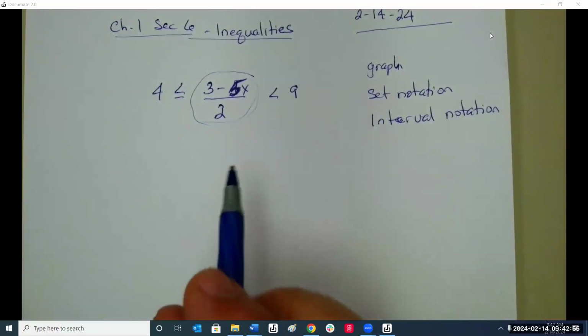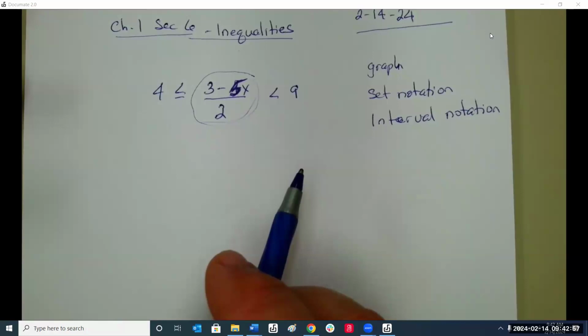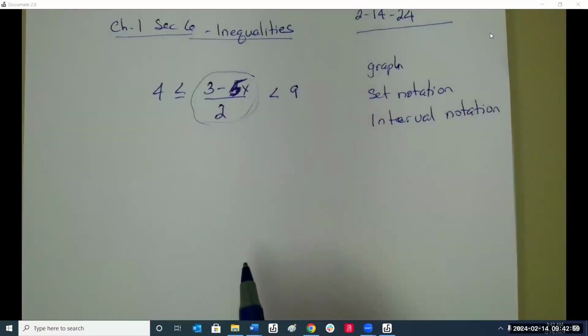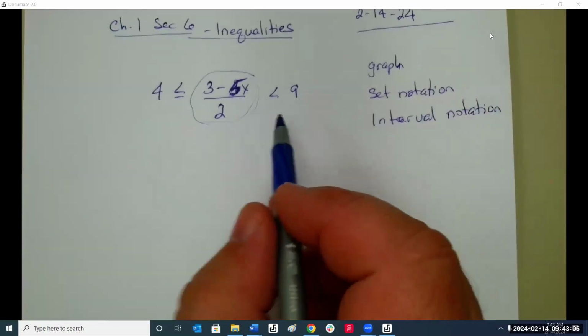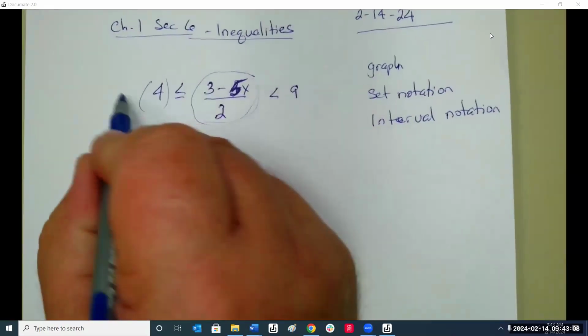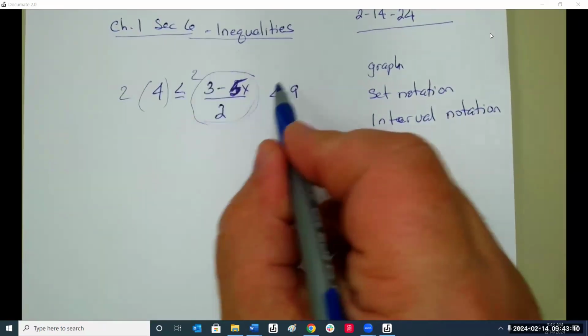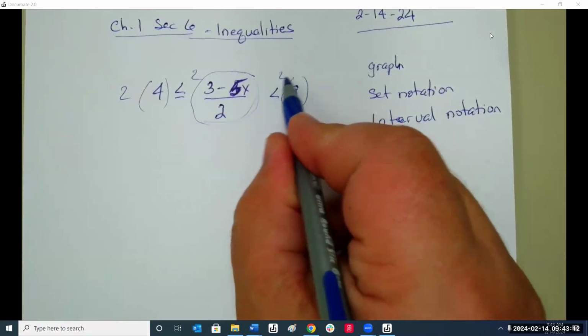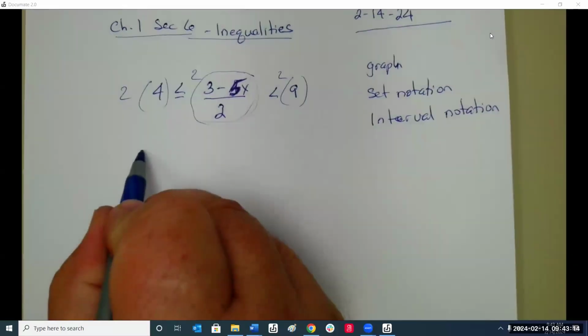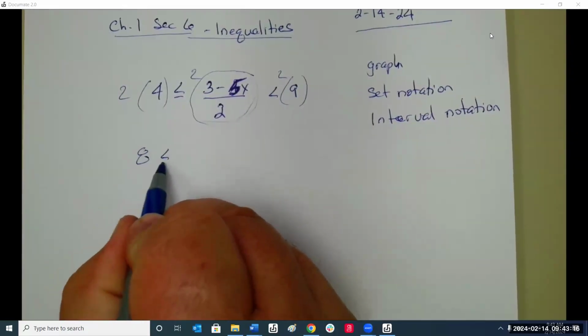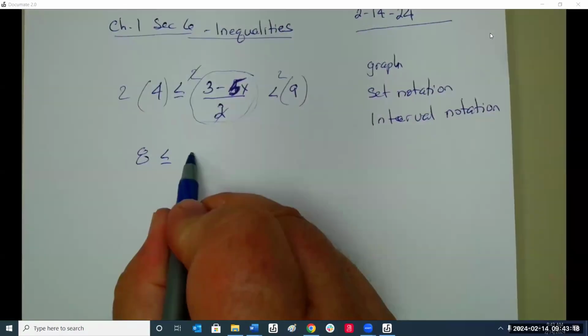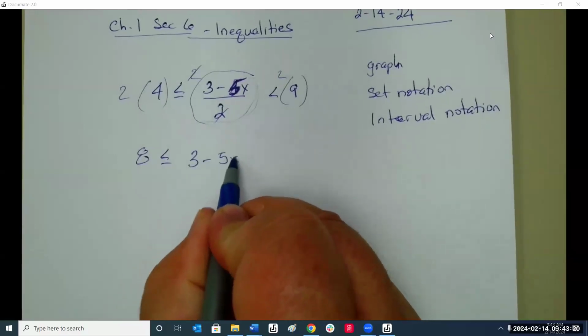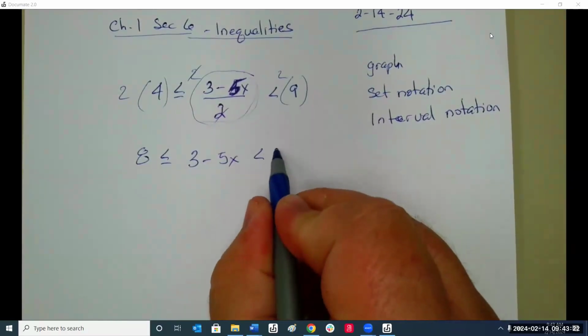So you're trying to get x by itself, right? So what do you do first to get x by itself? Yeah. Multiply by the LCD. Two times 4 is 8. The 2's cancel. 2 times 9 is 18.